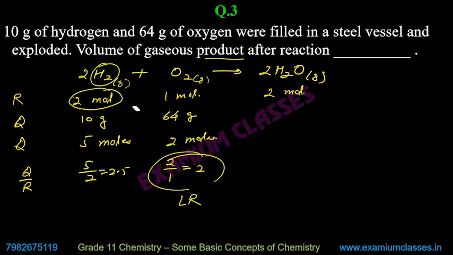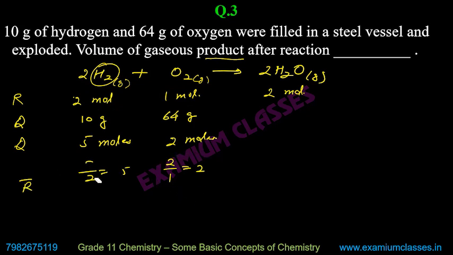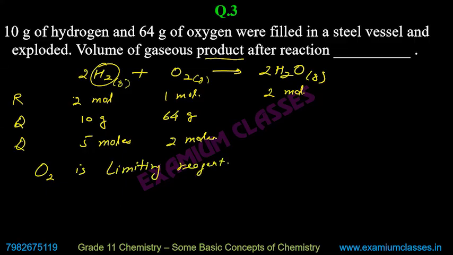This method you will be using for confirmation only, for easily getting which one is the limiting reagent. So the limiting reagent you got as oxygen. It means oxygen will decide the product.